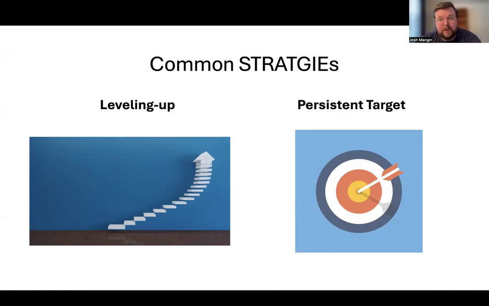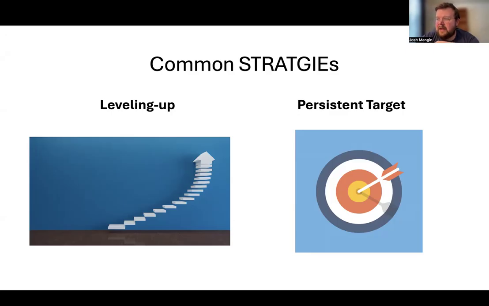This can take multiple years, unfortunately, but again, this can also be a strategy. But I recommend this strategy when you don't have the ability to level up. So you may be in a field that has limited funding source opportunities, and so there may be only one or a few sources available. So being persistent can be very helpful.